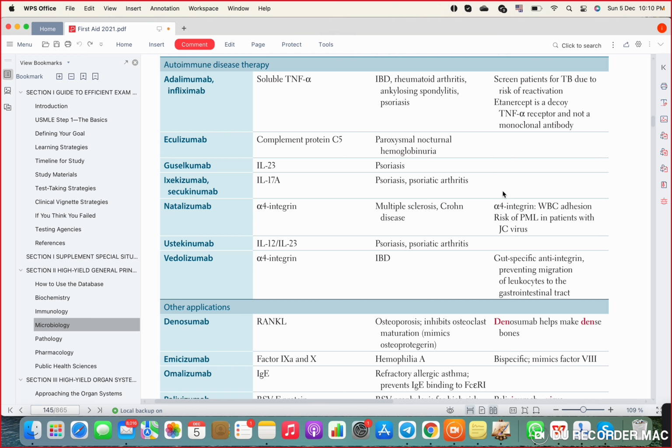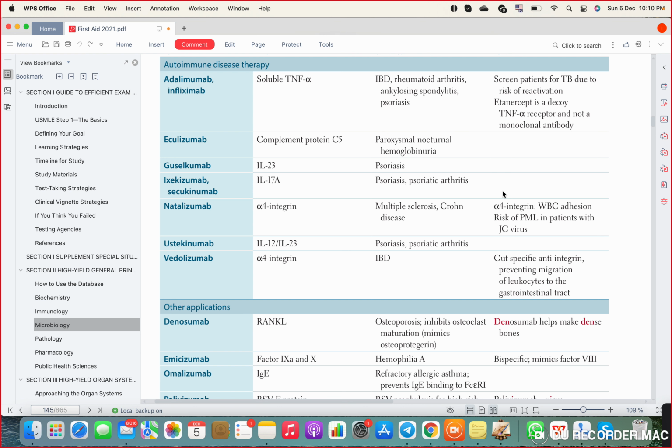There is natalizumab, which is for multiple sclerosis. That one is easy. It works against the integrin. And you must be careful because it can reactivate PML. Do you remember what PML was? It can be because of natalizumab or rituximab and also JC virus.